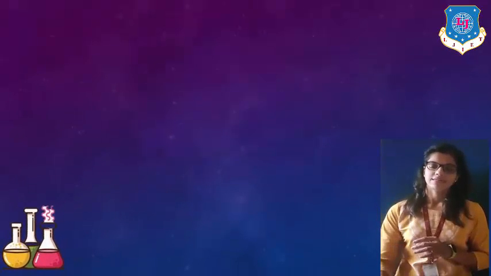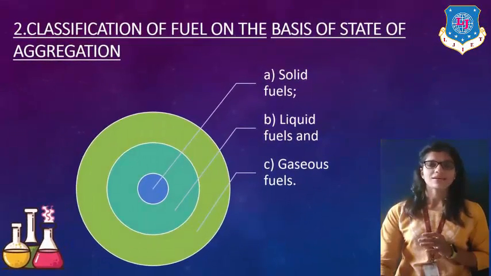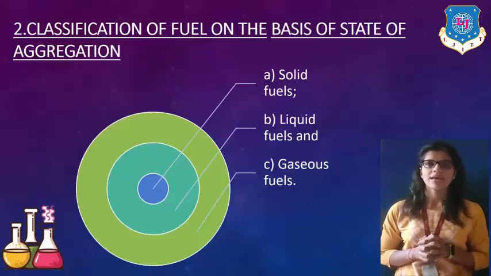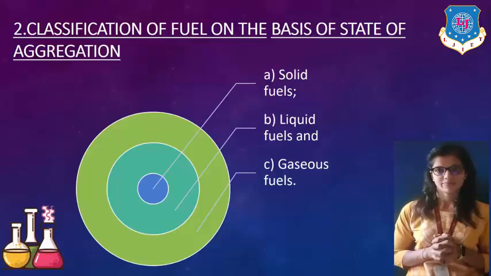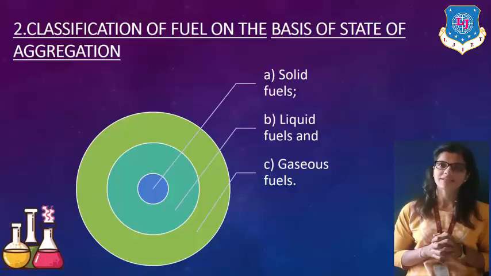Now, this is what you understand by this classification. Next, classification of fuel on the basis of state of aggregation. State of aggregation means how it is aggregated. Depending upon that, we can classify them into three different types.